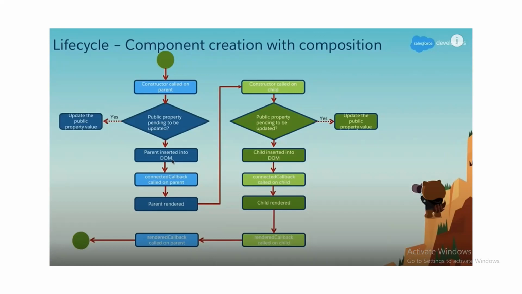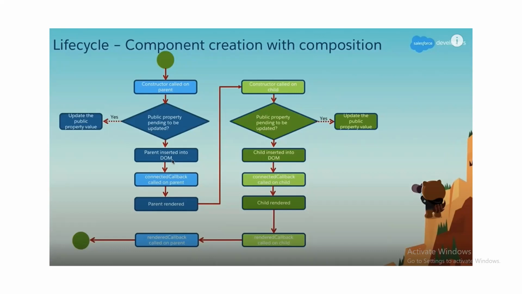Now how the execution will happen is what the slide talks about. It covers the constructor, then the connected callback, and then the rendered callback. So these are the three lifecycle hooks discussed in the flow diagram.